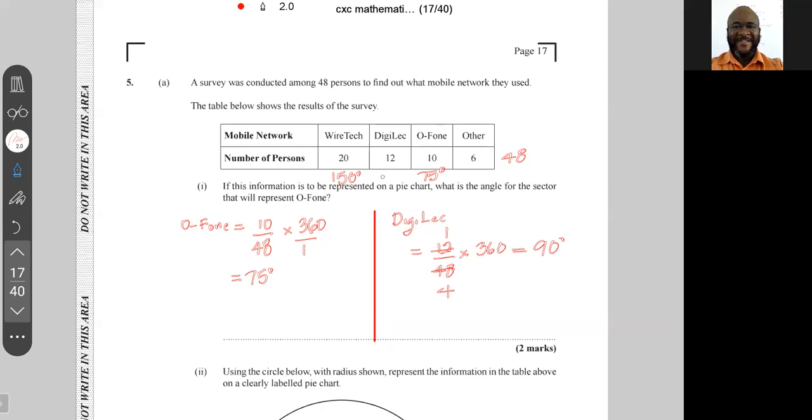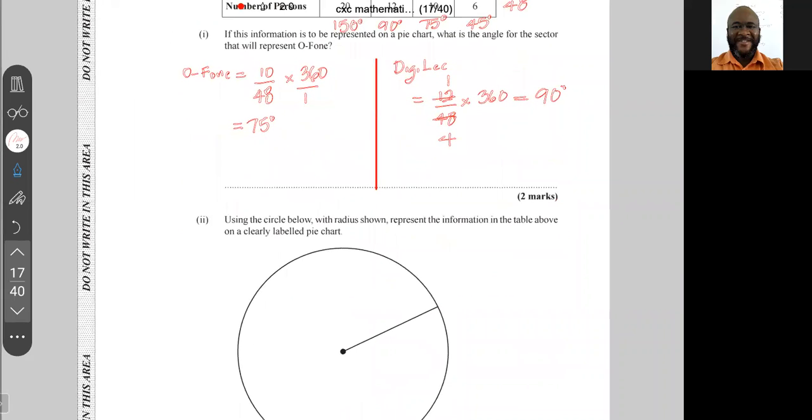So Digilec is represented by a sector with a sector angle of 90 degrees. Now, since other is half of 90, this must be 6 is half of 12. So this must be represented by a sector angle which is half of 90, which is 45 degrees. So I have the sector angle for every phone company.